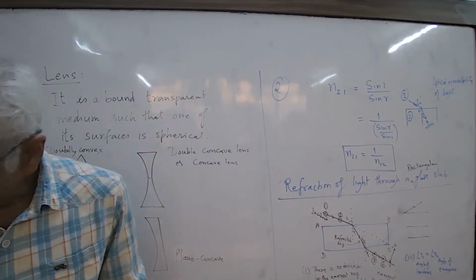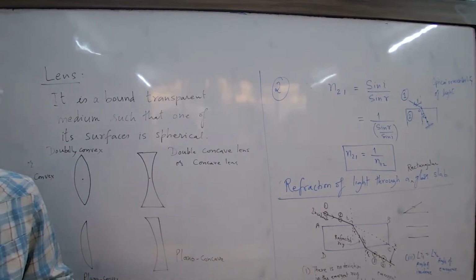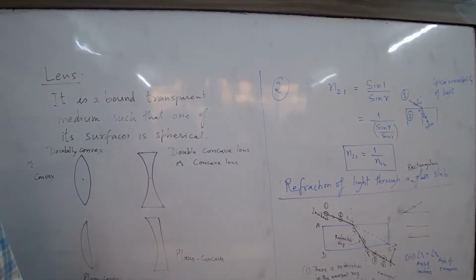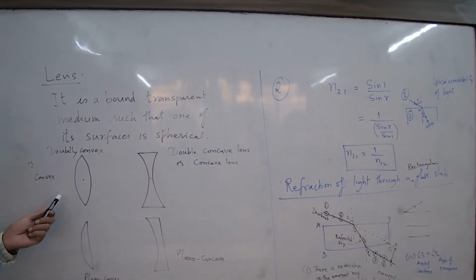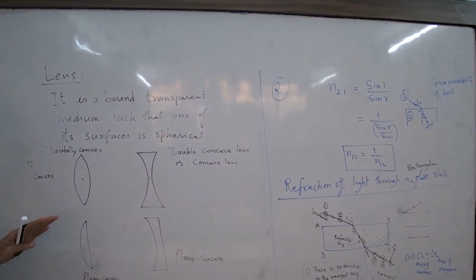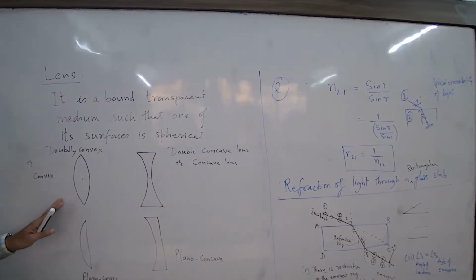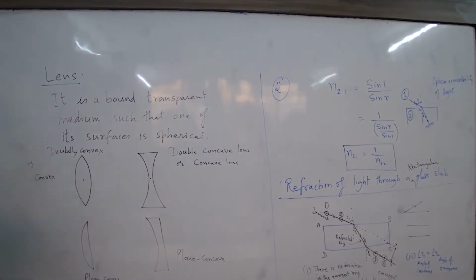Right? So I think we'll now go through formation of images by convex lens first, and you will find that the nature and position of image is the same as that of concave mirror.